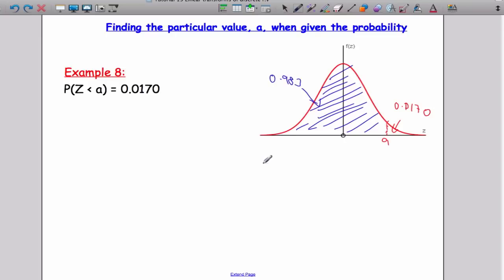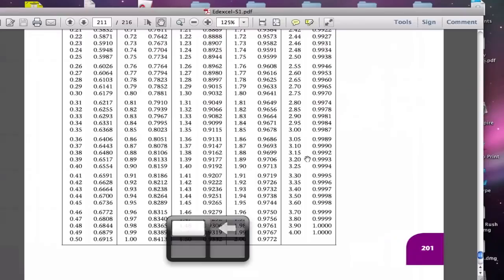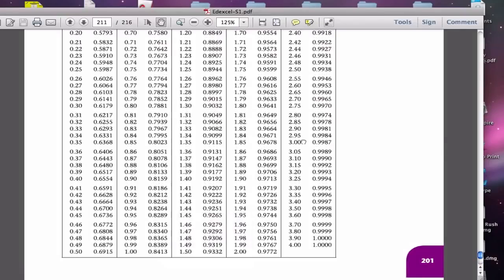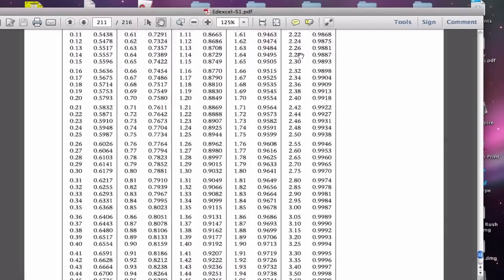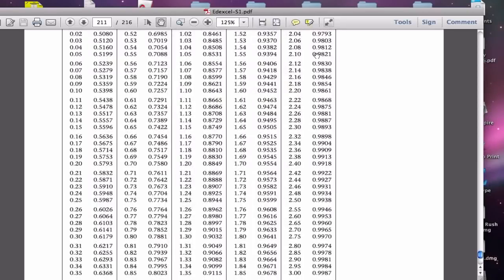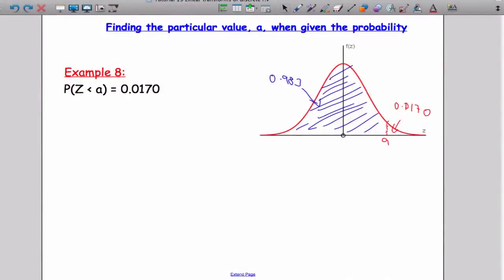So this blue area in here is 0.983. Okay, let's see if we can find a value in our tables that has a probability of 0.983. So let's have a scan through. 0.9830 has a particular value of 2.12.